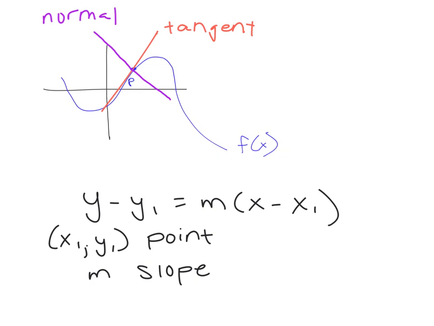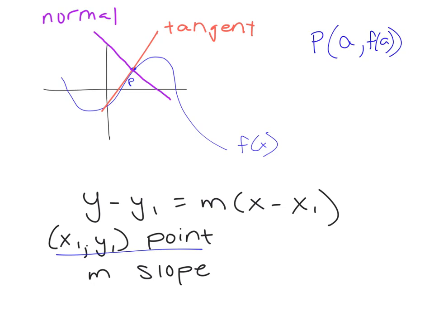So let's just go ahead and label point P, and I'm just going to call the x value of point P a. Okay? And so if we wanted to find the rest of that ordered pair, we can plug a into f of x. So we can find out, well, what is f of a? And that would give us the rest of the ordered pair every time. So that takes care of this spot right here.